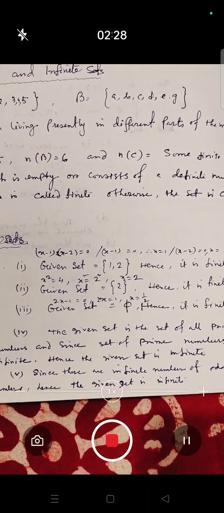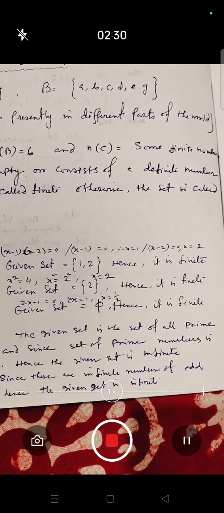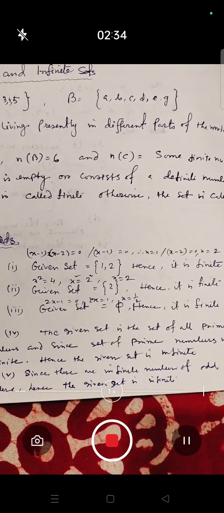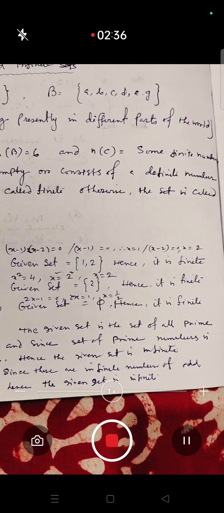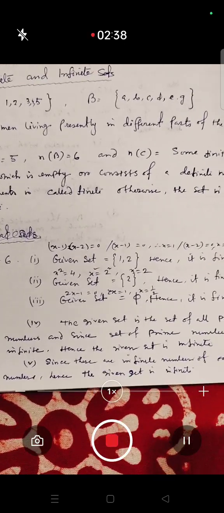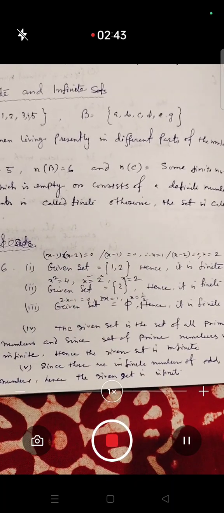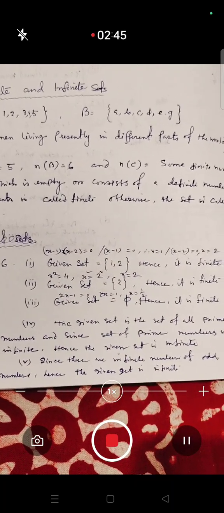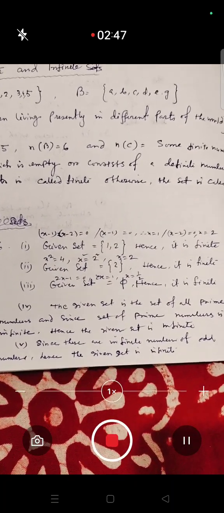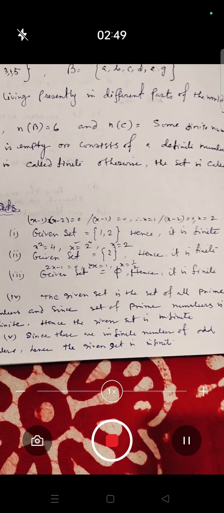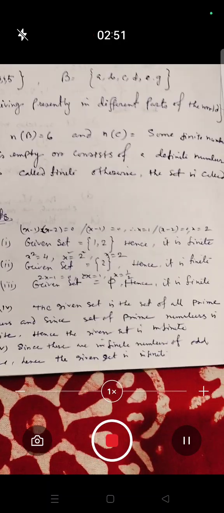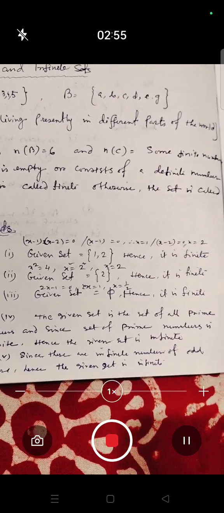The given set in number 4 is the set of all prime numbers, and since the set of prime numbers is infinite, the given set is infinite. Number 5, since there are infinite odd numbers, hence the given set is infinite.